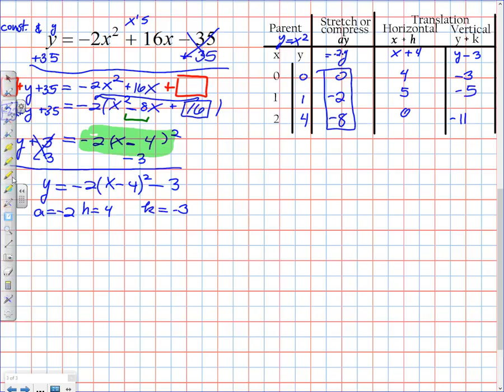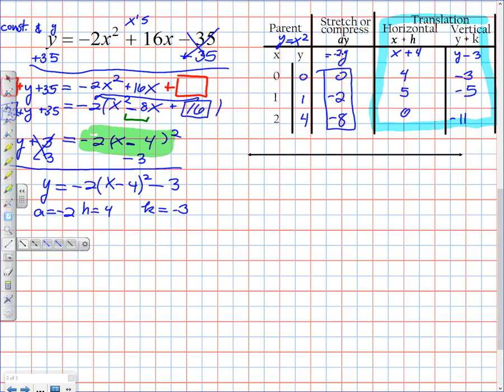Now, yes, graph these values, and thus you get the answer. Remember, these are your x values, and these are the y values, mainly positive x's, and the y's are negative.